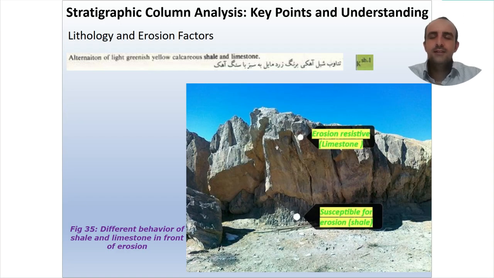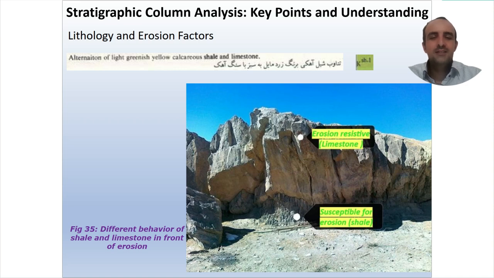In this slide, again, I would like to show you the different behavior of shale and limestone in front of erosion. I captured this image maybe about 13 years ago in the Golpaigan area. And it is a very typical image that shows us how much shale and limestone have different behavior in front of erosion.